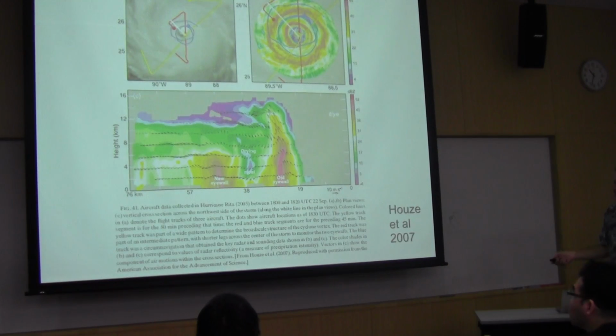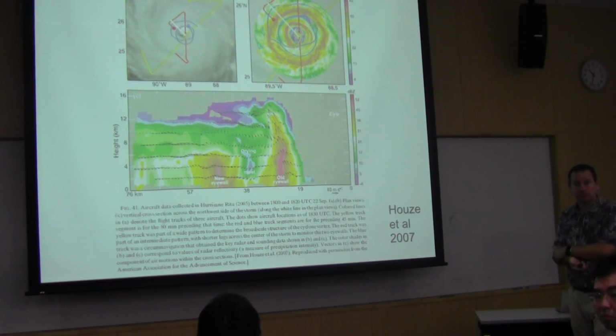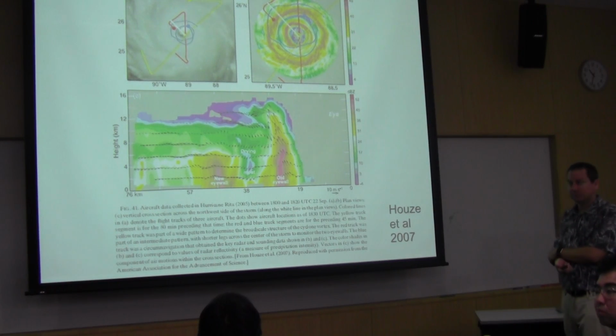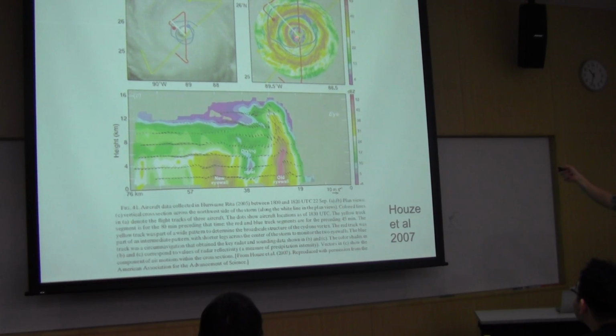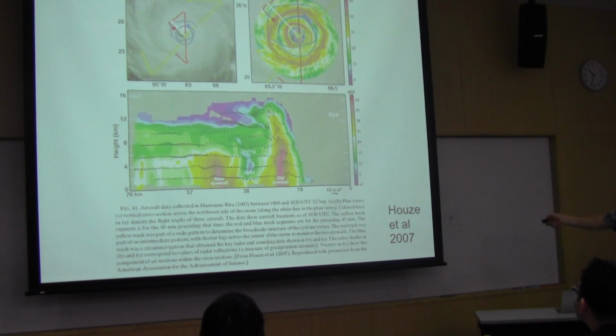And so, yes. Why didn't you get the information inside the primary eye wall? Good question. In this case, you can see at this altitude, which is 1.5 kilometers, it extends in a little bit here.